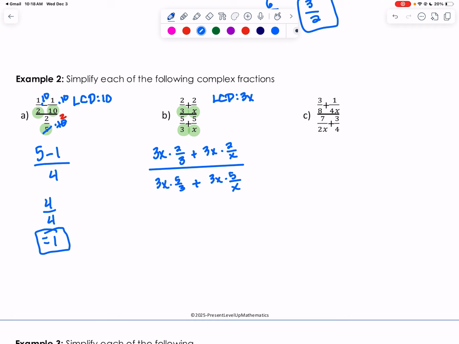Like I said, nothing hard about it, but it does take time to write it all down. Okay, but believe me, it is worth it. When simplifying complex fractions, you will make so many fewer mistakes.